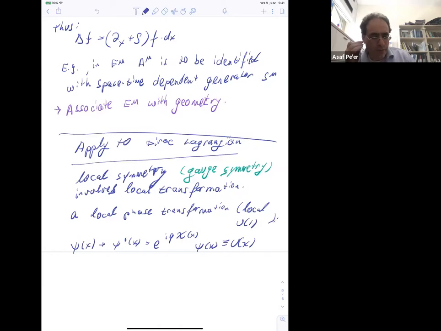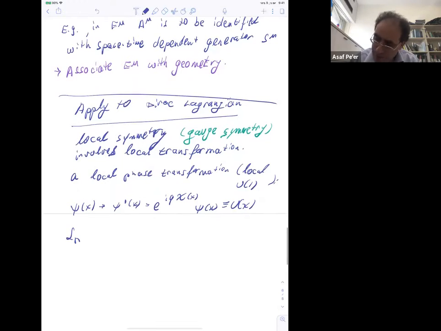So what happens when we apply this transformation to the Dirac Lagrangian? L Dirac is psi bar (i gamma^μ ∂_μ minus m) psi.